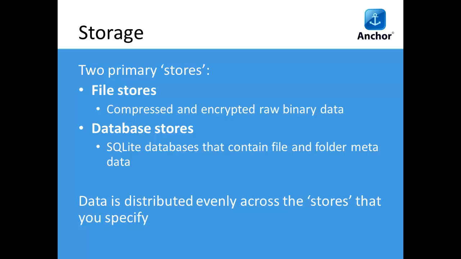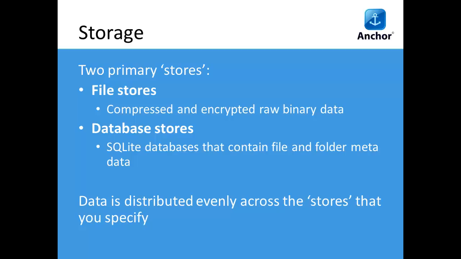Now, the reason that there are these two separate stores is because when a file gets synced from a client, before it gets sent to the Anchor server, it becomes compressed and encrypted, and then it gets saved to the file store. Any metadata for that file, including file name, its folder, its file size, its last modified date, and its created date, all get written to a database store.